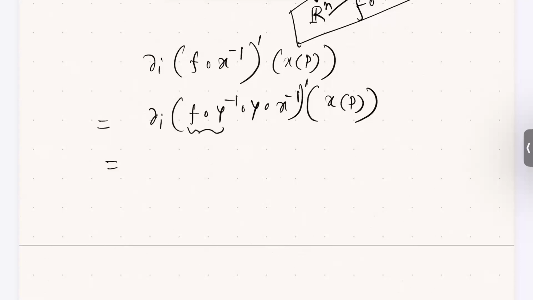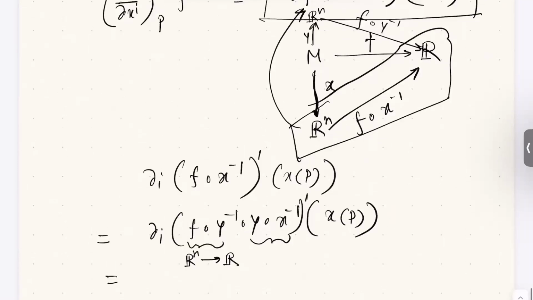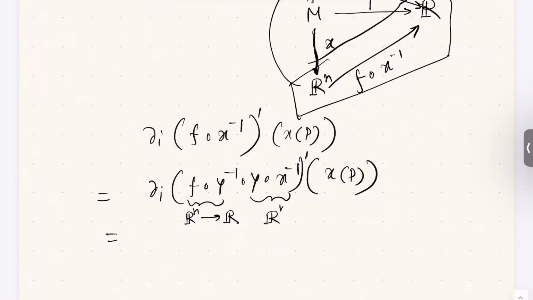Then this gives me, so this is a map from Rn to R, and this is a map from Rn to Rn, right?